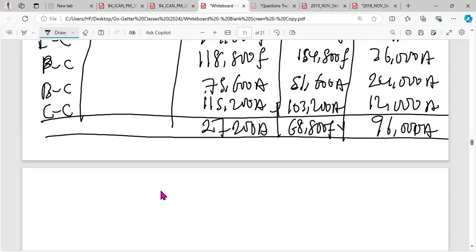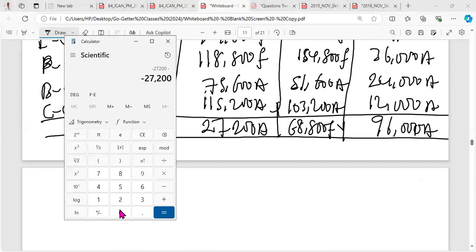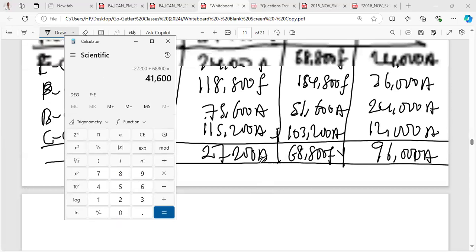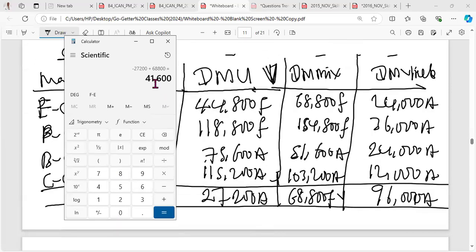If I were to say 27,200 adverse plus 68,800, there's a mistake somewhere. I should be getting 41,600. Let's check again. Maybe I'm not doing something well here.